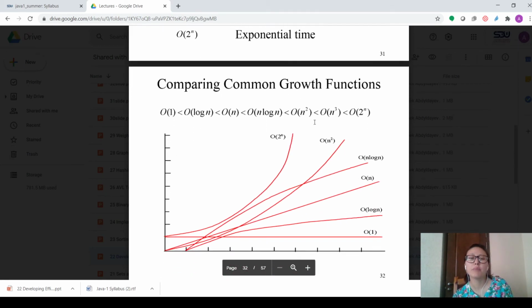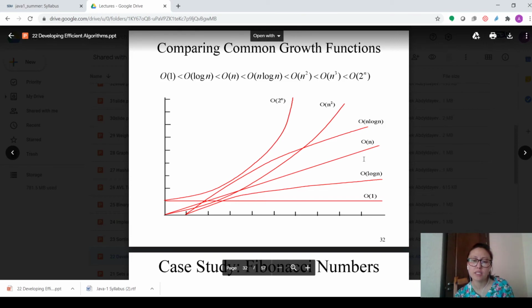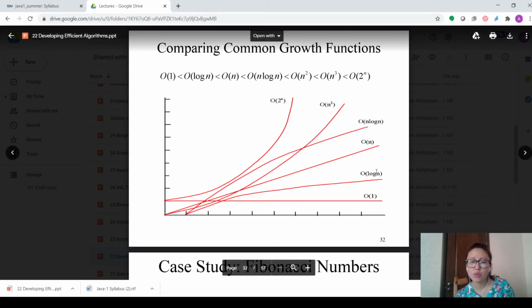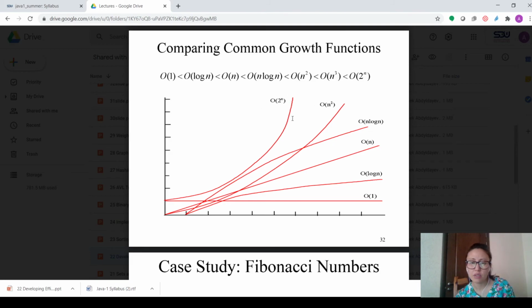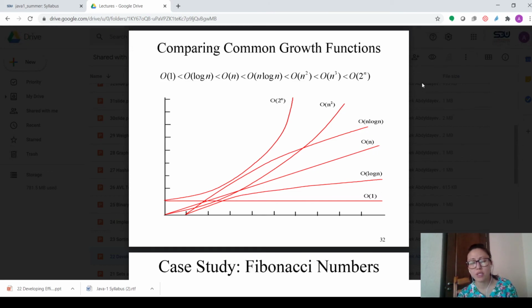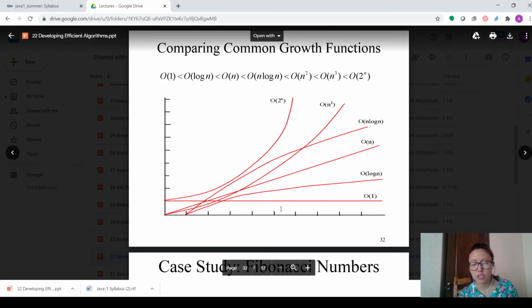If we compare their growth rates and draw them in a graph, we will see how they change and understand why 2 to the power of n is greater than the others, because the other functions don't grow as much with the input size, but this function becomes very high depending on the input size.